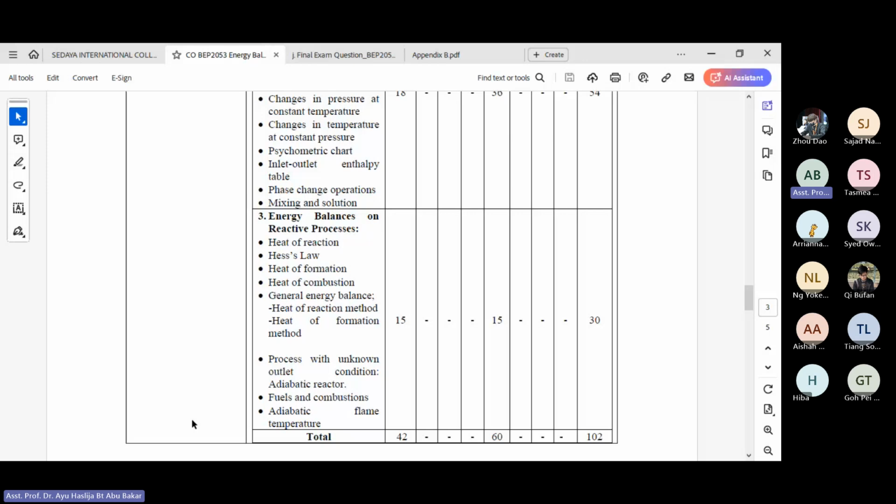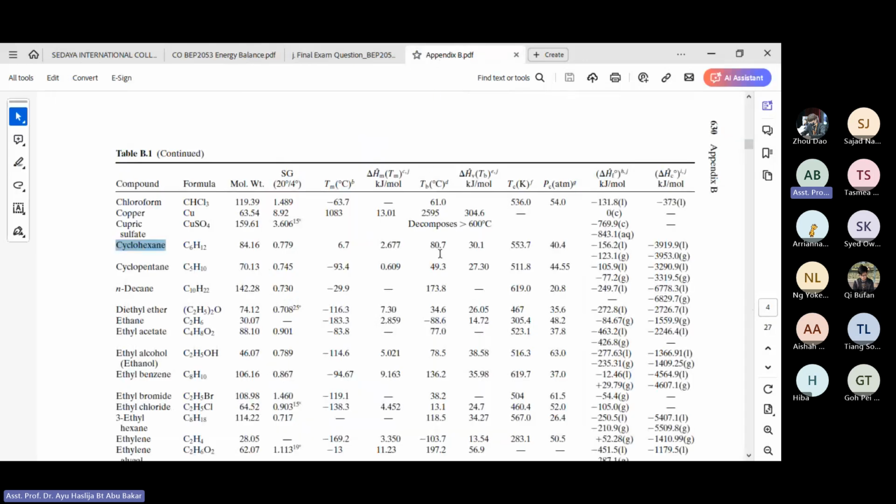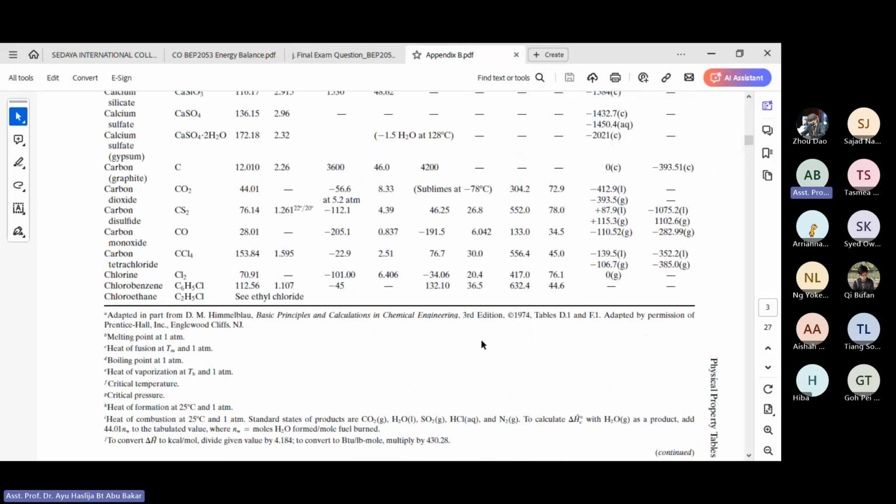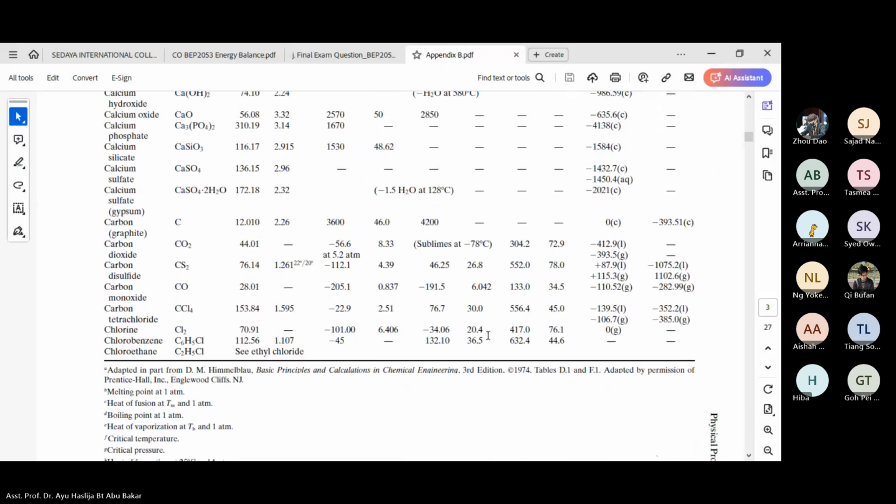You will be given Appendix B as your reference during the final exam. If you find there is no table or the wrong table, please raise your hand and tell the proctors on duty.